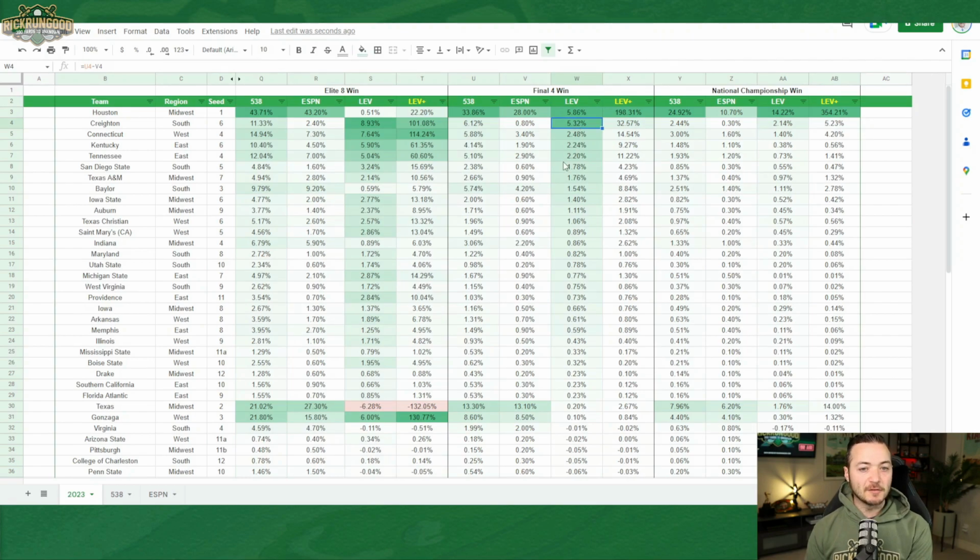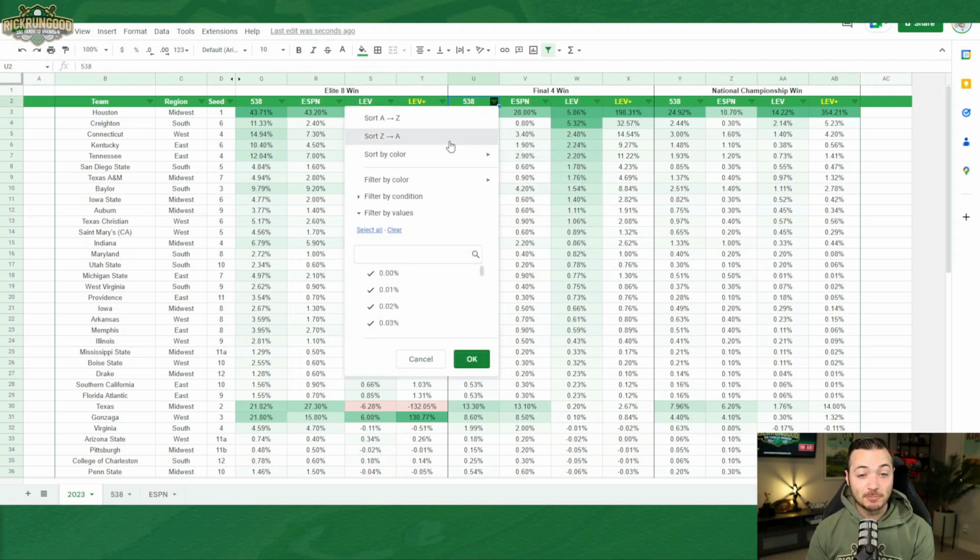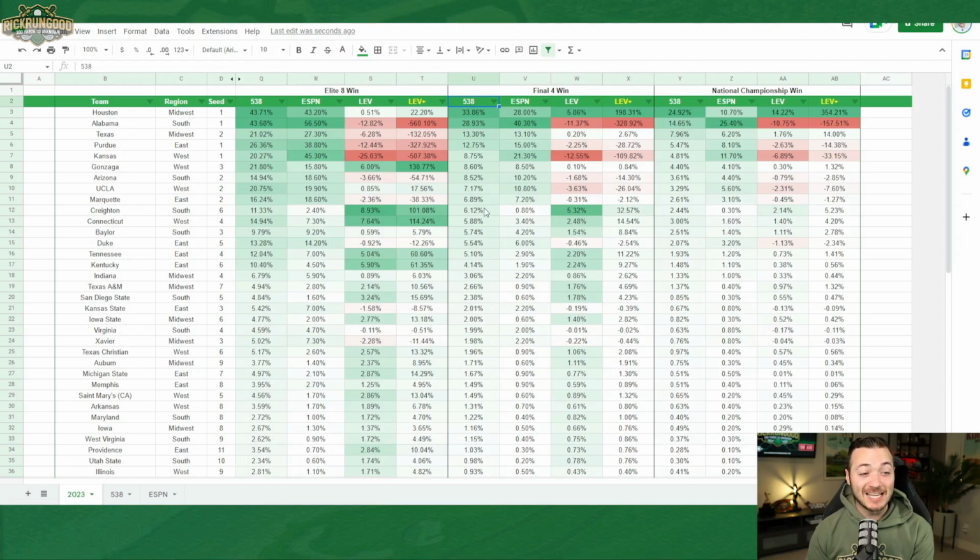I will point out a couple of things. Creighton, very disrespected here. We're going to advance Creighton very far. I don't know how far that's going to end up being, because I don't know who's in what side of the bracket. But 538 has Creighton to win their Final Four game, to get to the national title game, 6% of the time. They're being chosen less than 1% of the time.